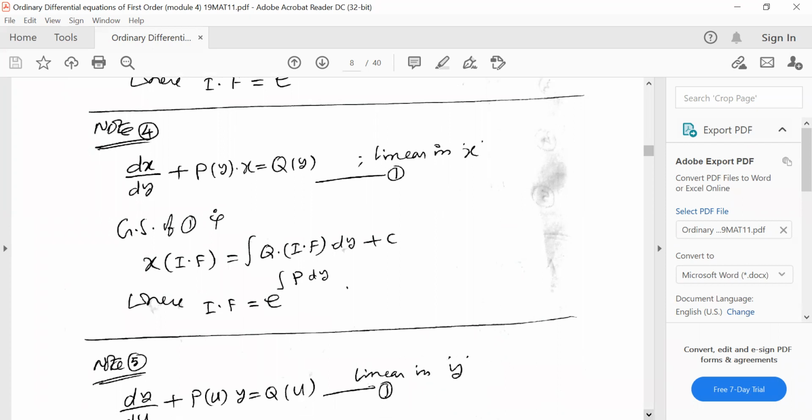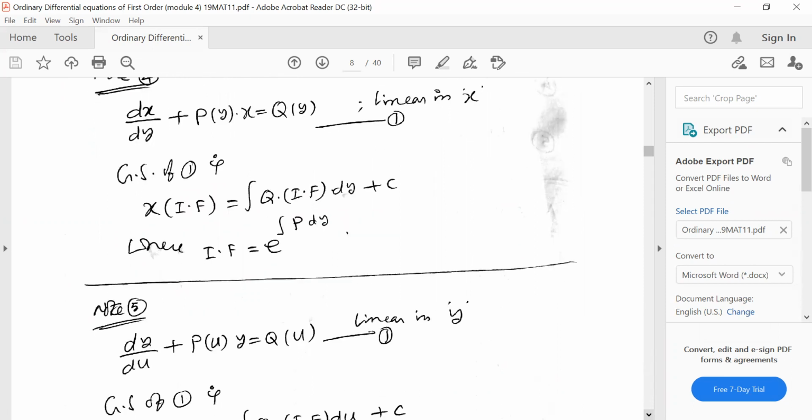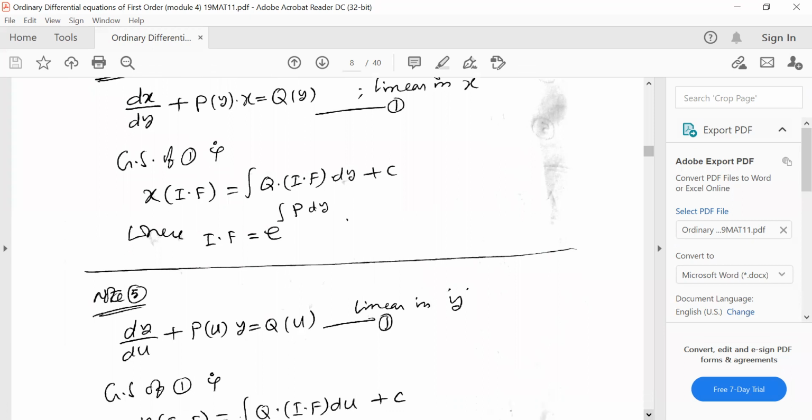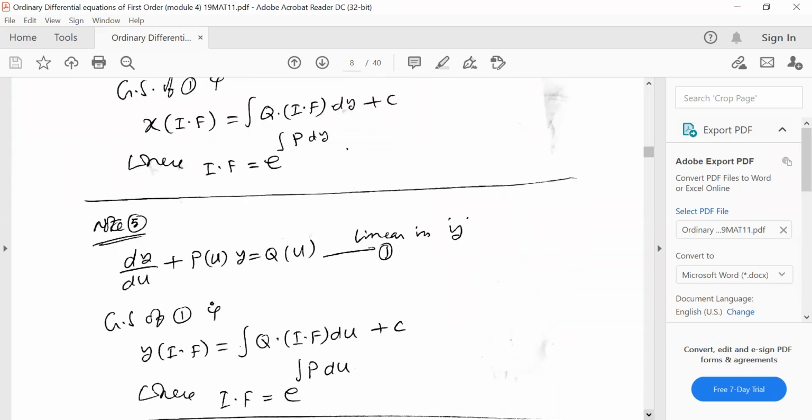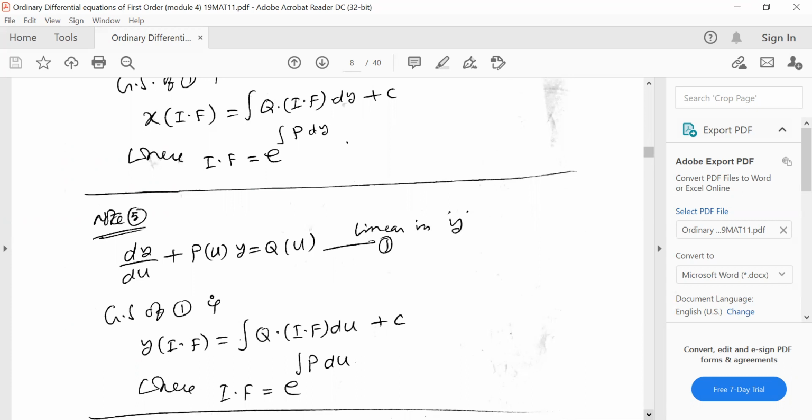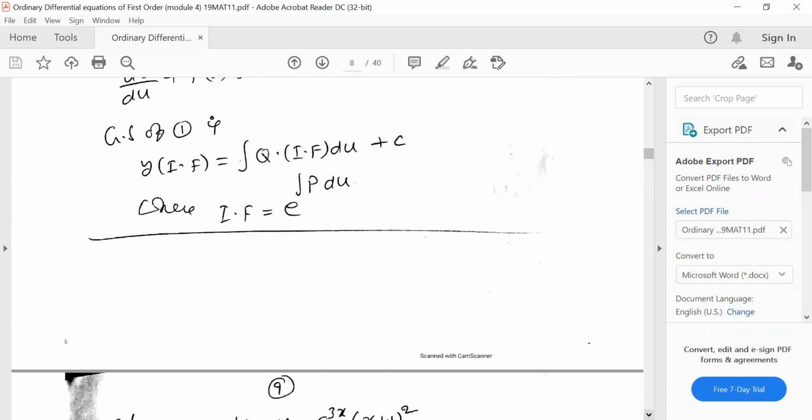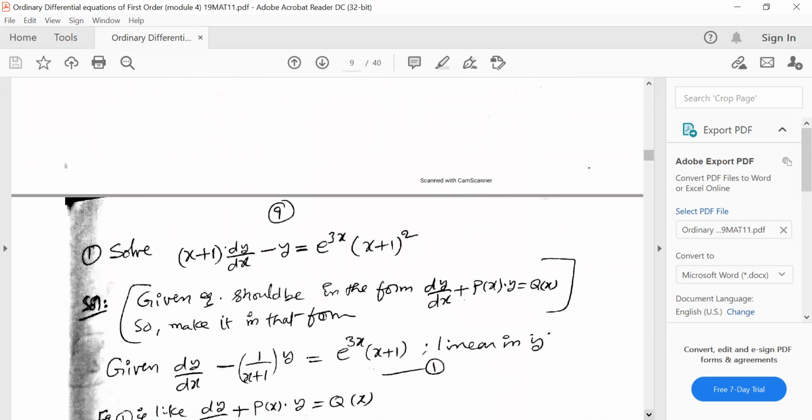Then you write the solution in terms of x into IF. Like that. If you see the next one, dy by du. That means the solution will be written in terms of y and u. So y into IF is integral of q into IF with respect to u plus c. So like that, whatever the problem is, depending on that, we have to write.